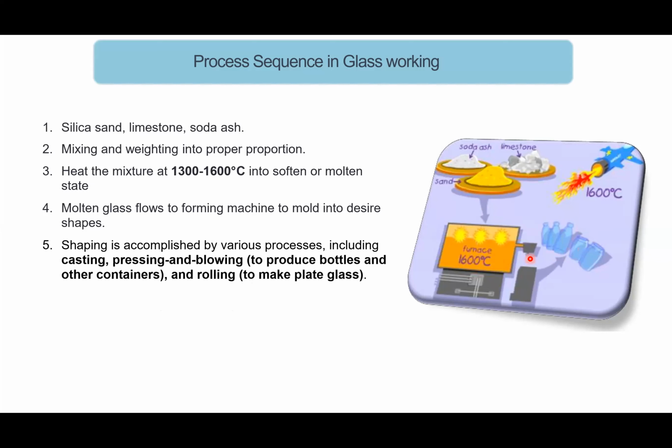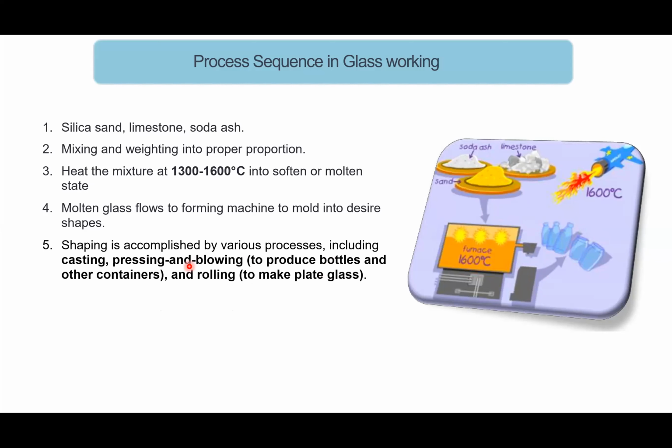The shape and size of the glass depends on what type of mold we are using. The molten liquid will take the shape of the mold we pour it into. This is just the conventional way of producing glass.